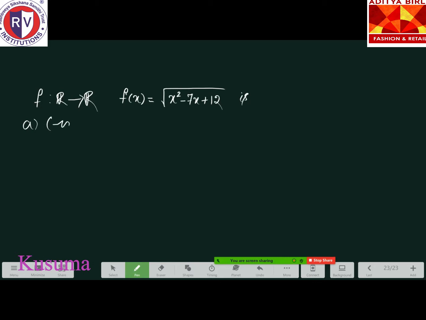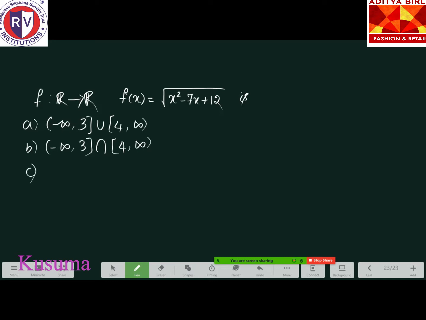The options are: option A, minus infinity comma 3 union 4 comma infinity. Option B is minus infinity comma 3, where 3 is closed, intersection 4 comma infinity.